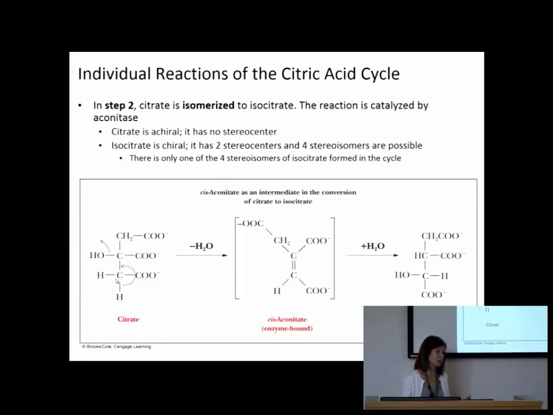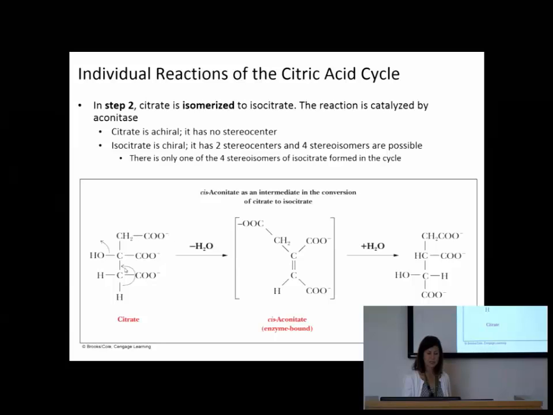So cis-aconitate is that intermediate. Another neat thing about this is citrate does not have a chiral center, because this is the carbon that you would think would be chiral. But two of its groups, CH2 and acid, CH2 and acid, are the same, so it's not chiral.